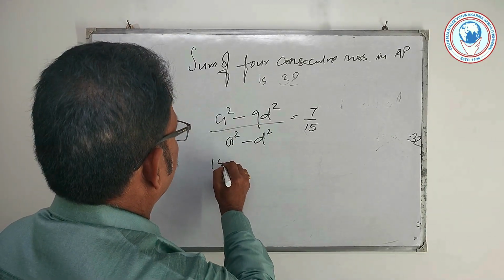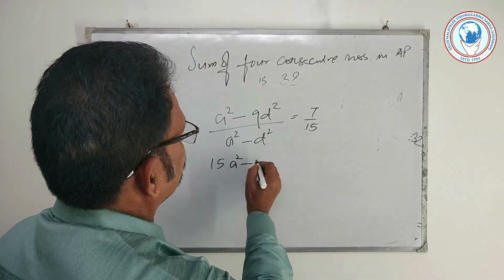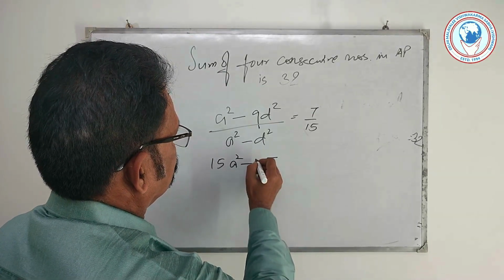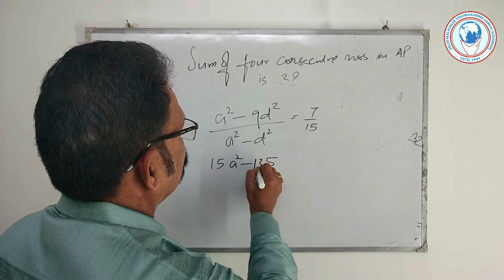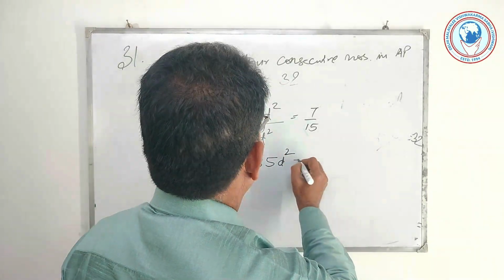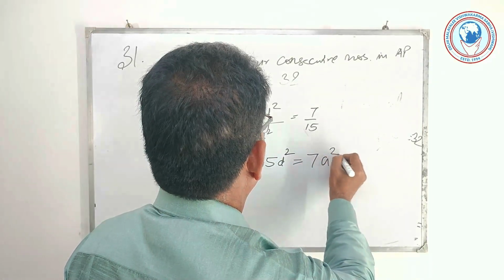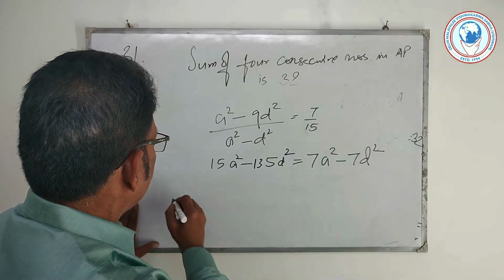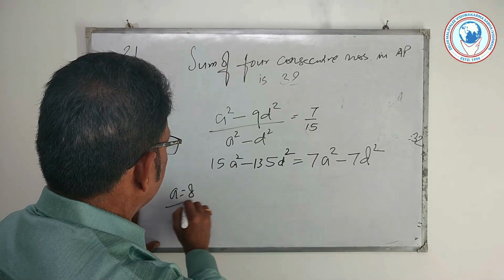Cross multiplying, 15a square minus 135d square equals 7a square minus 7d square. Here we got a is equal to 8.